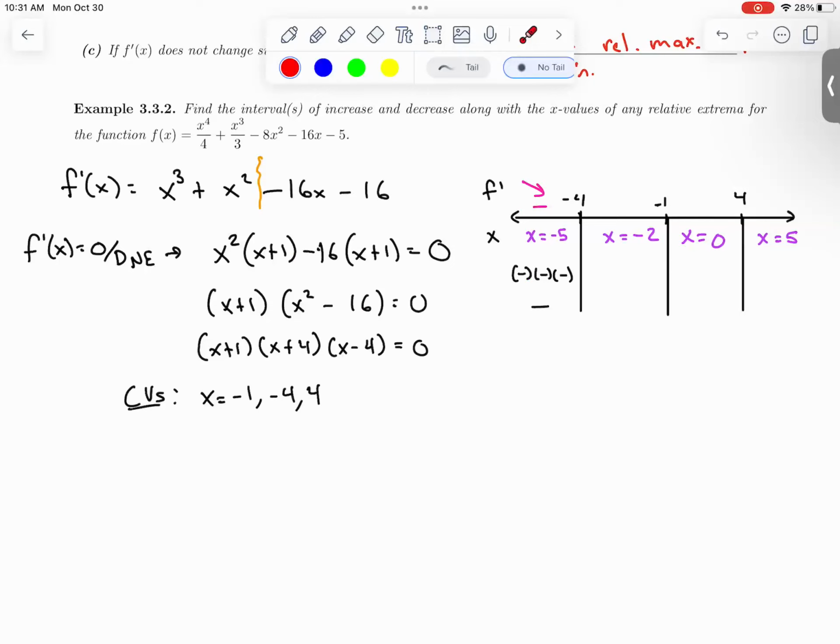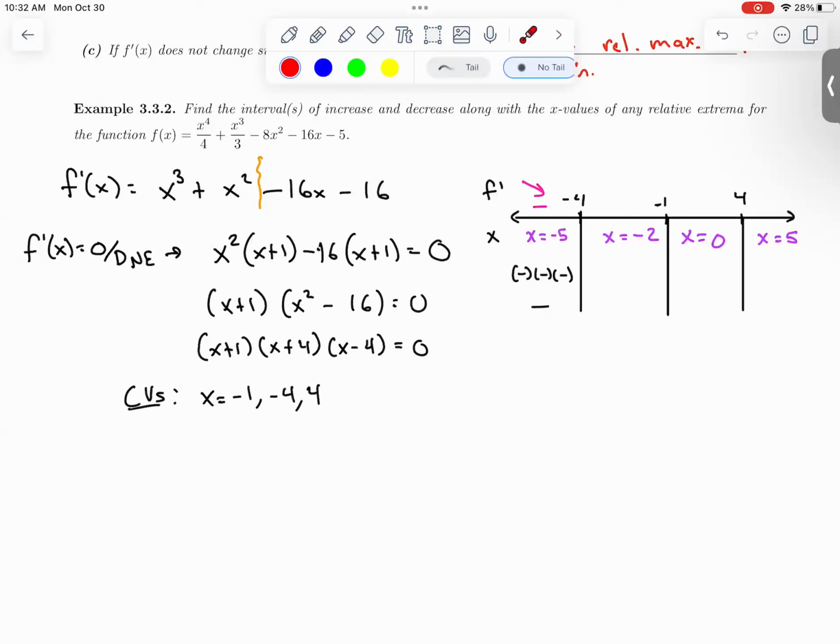If you plugged it in and got 0, that would mean that you chose a point that was a critical value. So when you plugged in -1, you got 0, right? And that was because it was one of the critical values. That's why I messed up. So this is a good point.